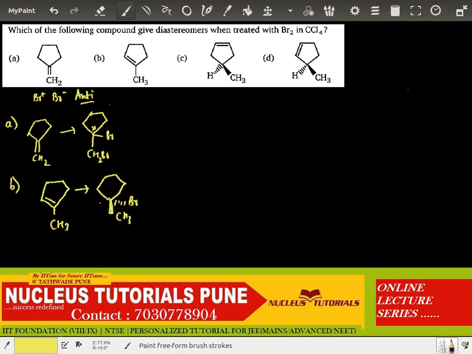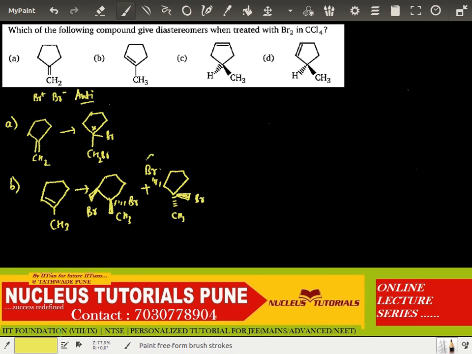This can be one because anti-addition has to happen, and the second molecule would be where methyl is down and bromine is up, and on this side bromine is inside the plane because it's an example of anti-addition. Now clearly we can see over here that these molecules are enantiomers.